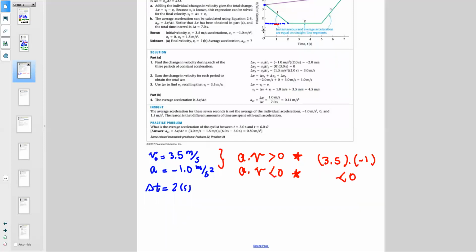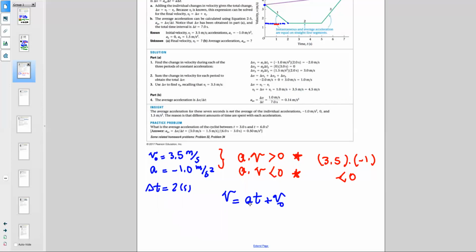If I want to take a look at this problem, I can easily find the final velocity. Remember this formula? v equals at plus v naught. If you remember this, all you need to do is put the information inside it.